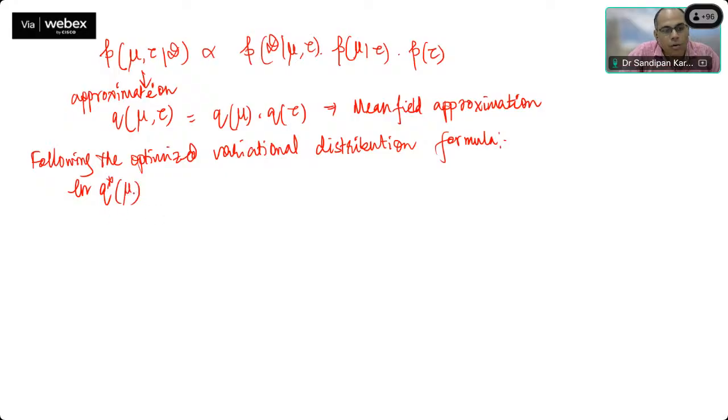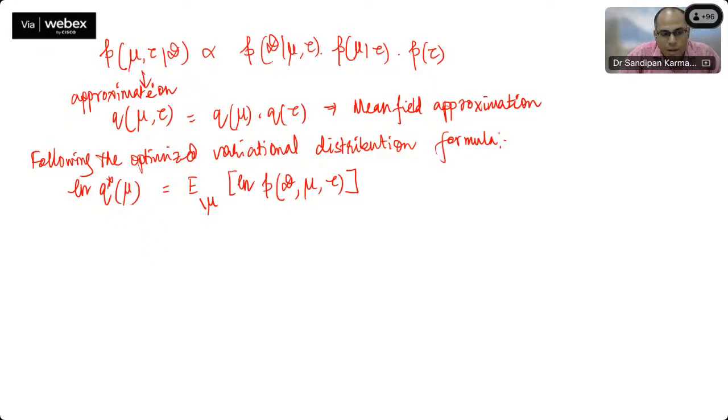As it is a function of mu, the expectation will be taken over all other parameters except mu, and the expectation is taken on the joint distribution, so data, mu and tau.